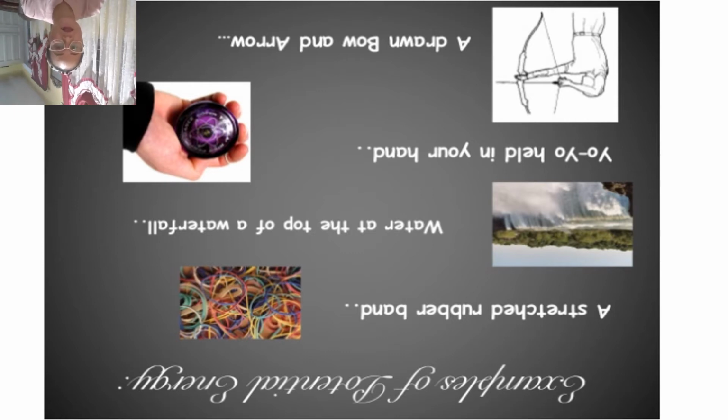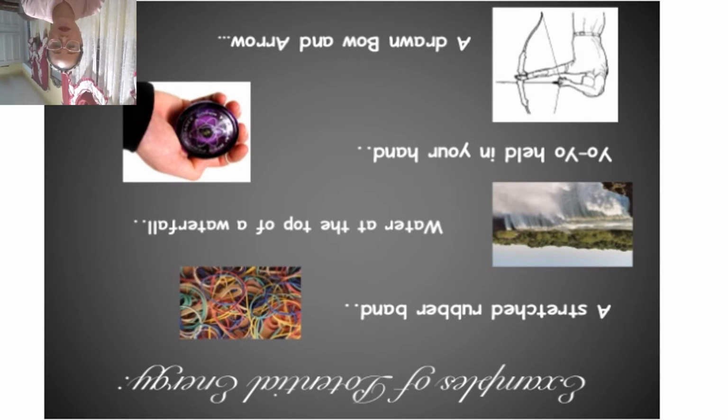Then the third one, we have the yo-yo in your hand. This is an example of gravitational potential energy. Since the yo-yo will be released downward, the higher your hand is from the ground, the greater the potential energy stored within the yo-yo.